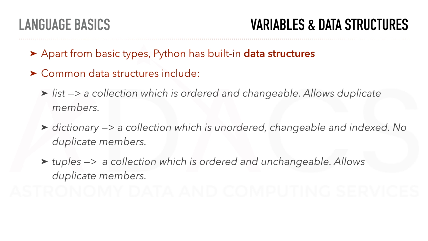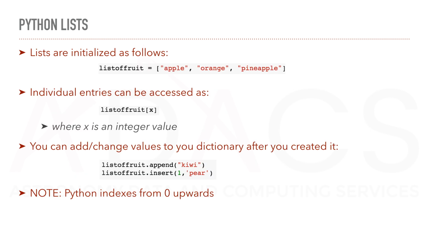Now, what does this mean in terms of a physical example? Let's start with Python lists. You initialize a list by using the square brackets to surround your comma-separated values. Here we have a list of fruits that contains apple, orange, and pineapple.